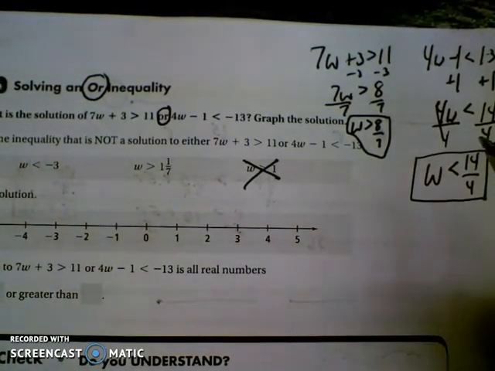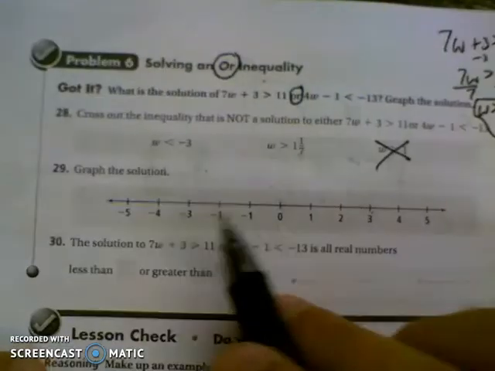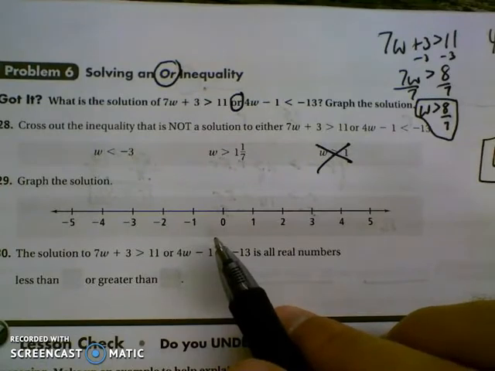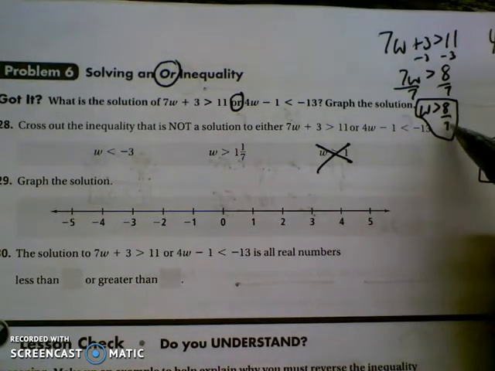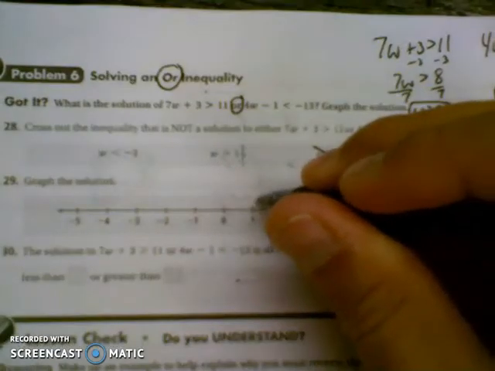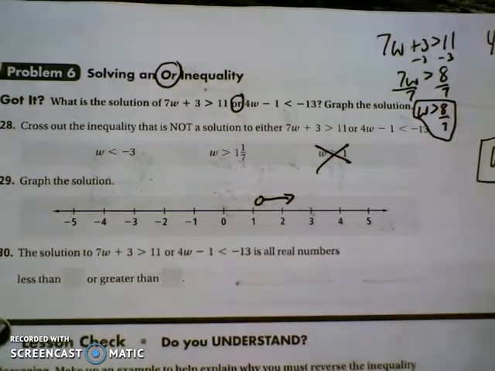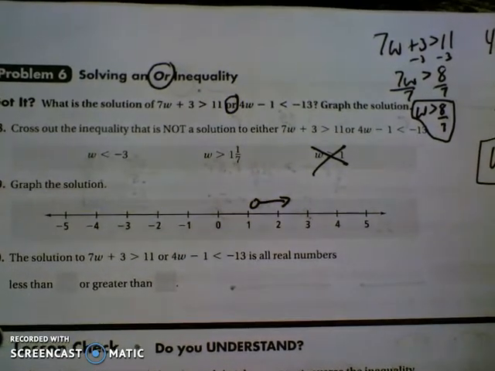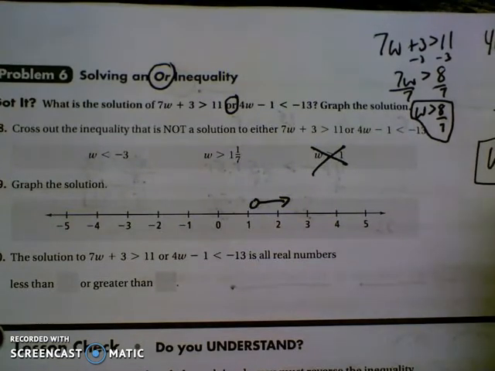Now we're going to graph the solution. And the word OR is when they're not going to connect. So let's look at this real quick. So 8/7 is a little bit bigger than 1. It's 1 1/7. So w is greater than 1 1/7. So we're going to put it right here and put a line that way. This one is w is less than 14 over 4.